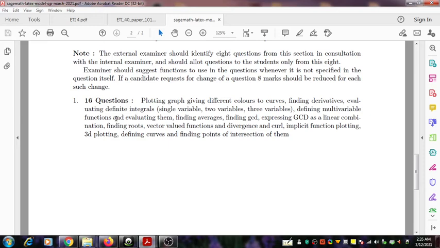And then defining multivariable functions and evaluating them, finding averages, finding GCD, expressing GCD as a linear combination, finding roots, vector valued functions, and divergence, curl, etc. Implicit function plotting, 3D plot, and defining curves and finding their points of intersection.